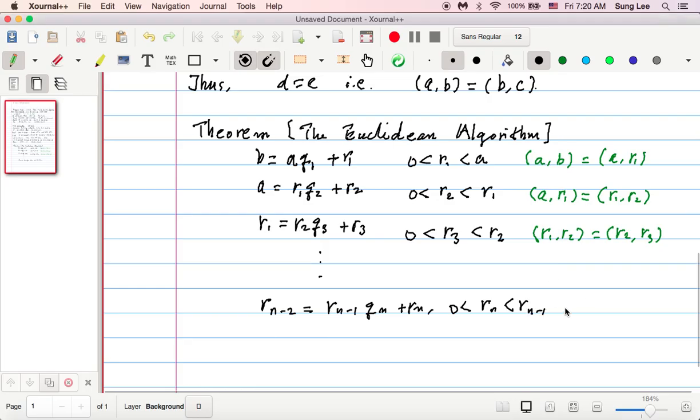So at this step, we have the GCD of r sub n minus 2 and r sub n minus 1 equals the GCD of r sub n minus 1 and r sub n.